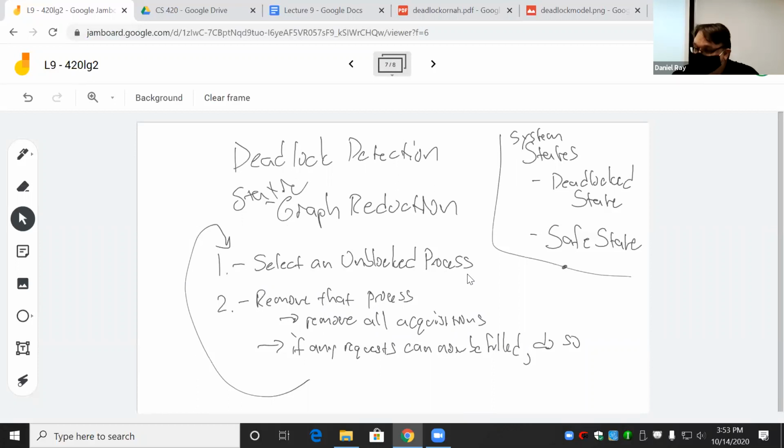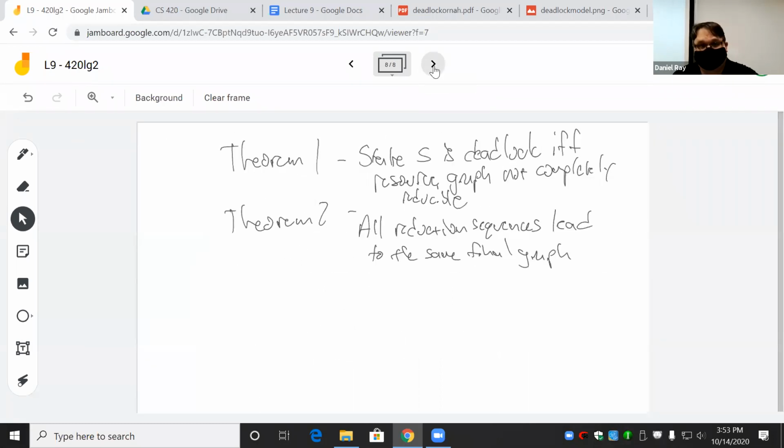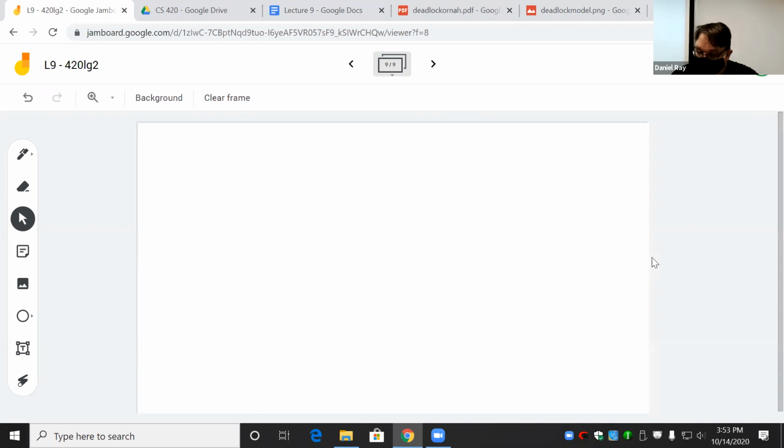If I find an unblocked process and I finish that process, and then I reallocate its resources, as long as I can keep finding unblocked processes to do that for, then that is tantamount to some ordering, and any ordering leads to the same final graph, okay? And so it doesn't matter which order I pick those processes in. Okay?